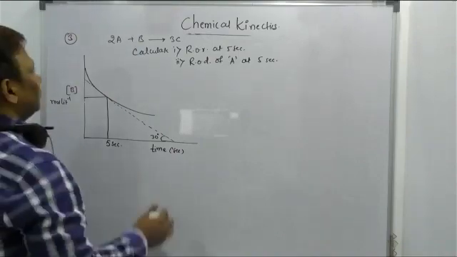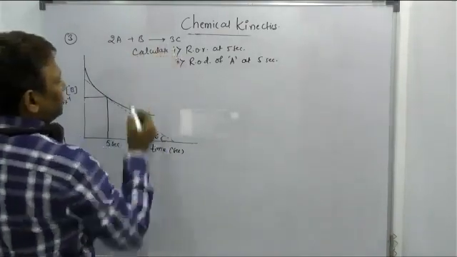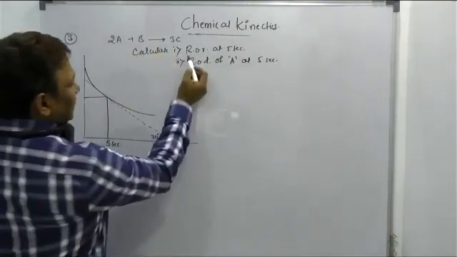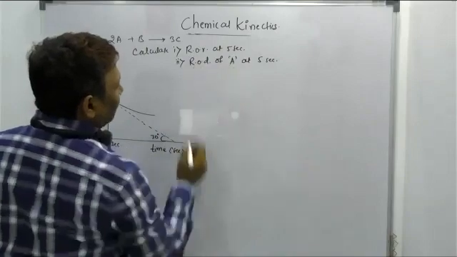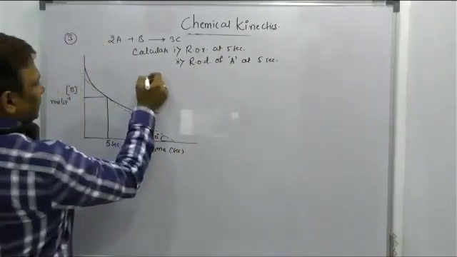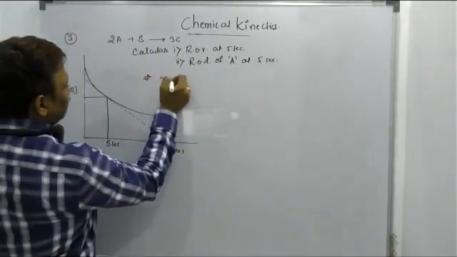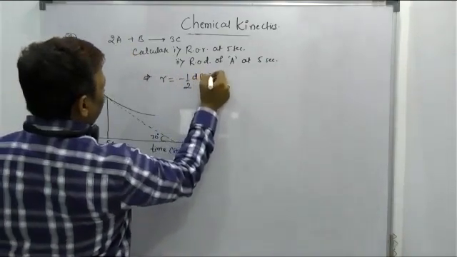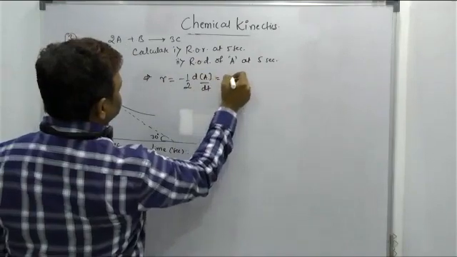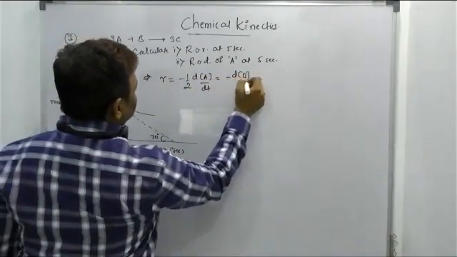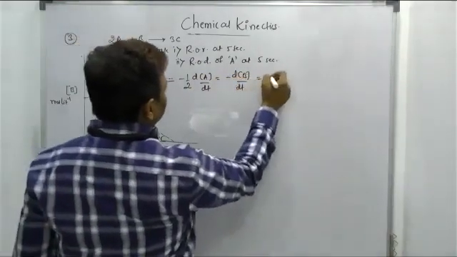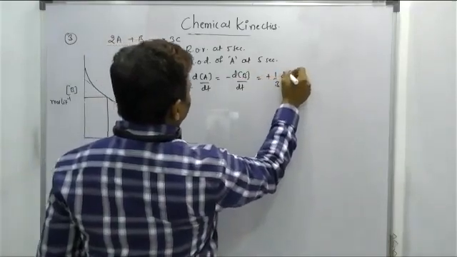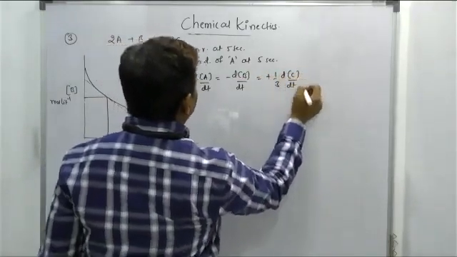This is another question where 2A plus B gives rise to 3C. They're asking us to get the ROR at 5 seconds and the ROD of A at 5 seconds. First of all, get the rate of reaction, which is equal to -1 by 2 d concentration of A by dt, which is equal to minus d concentration of B by dt, which is equal to plus 1 by 3 d concentration of C by dt.